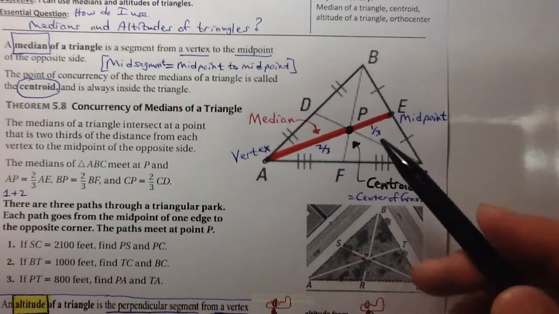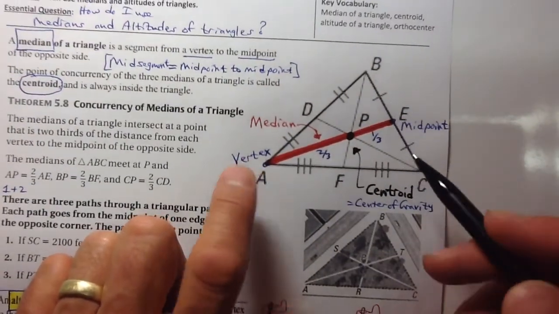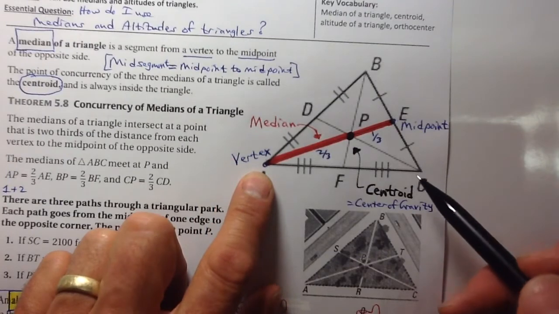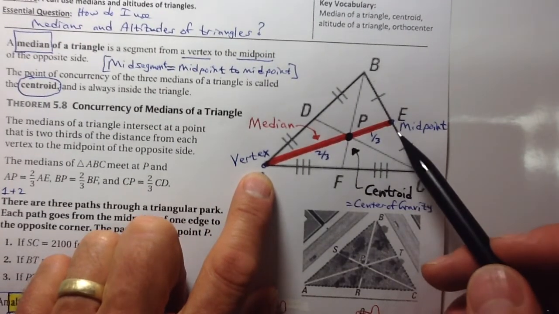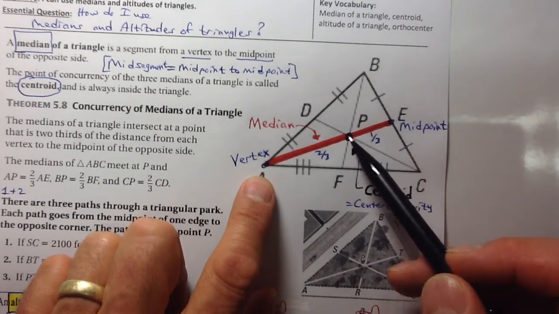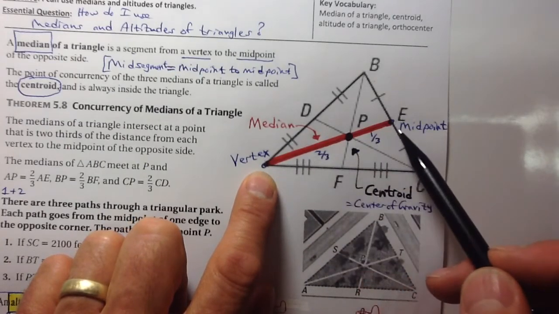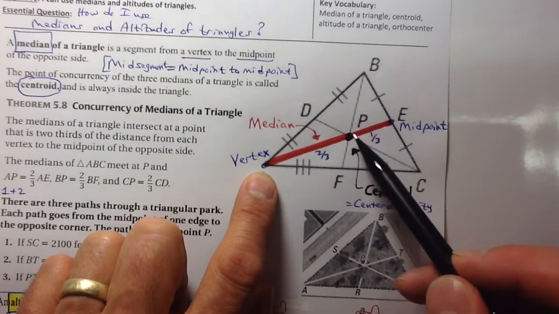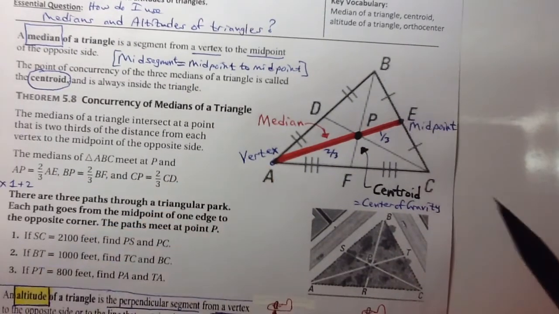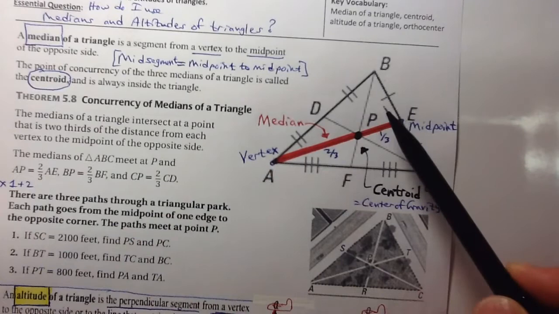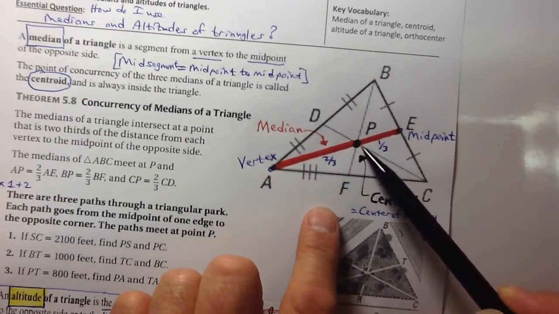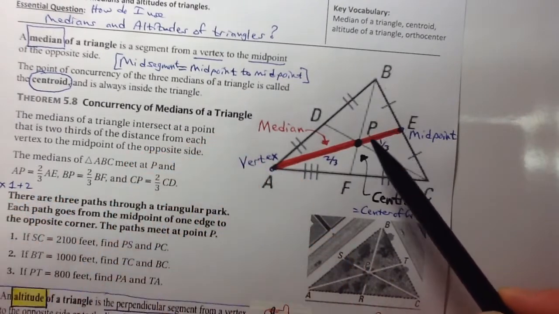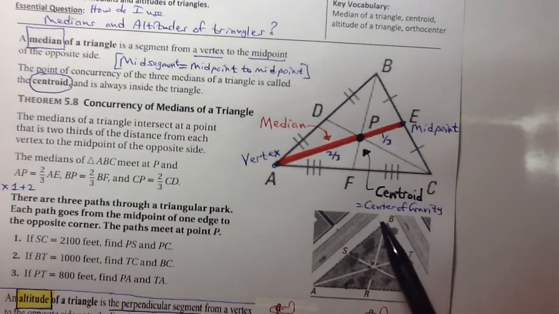If you, for example, had a big old sheet of cardboard and you made any kind of triangle, does not matter what kind of triangle, and then you found the centroid by creating these medians going vertex to midpoint, then you could hold up that triangle at that centroid, and the entire triangle would balance on that centroid. That's what it means to be the center of gravity.